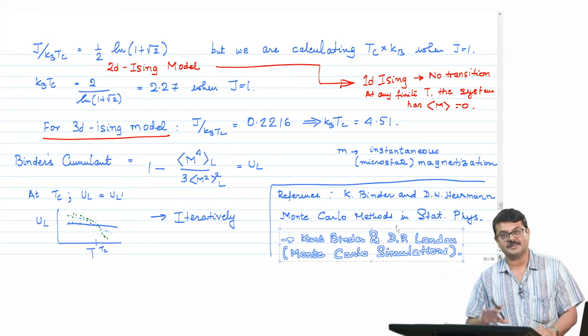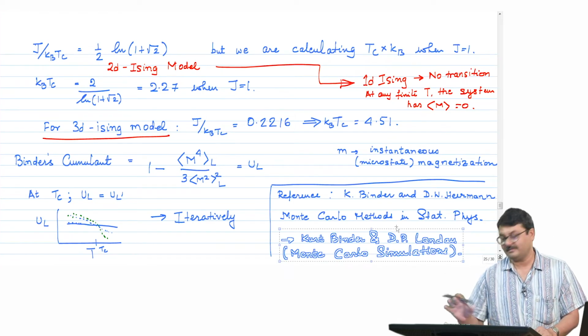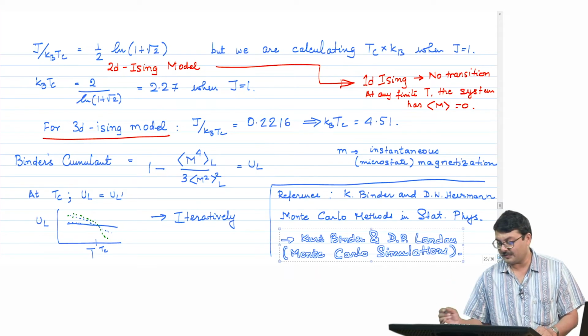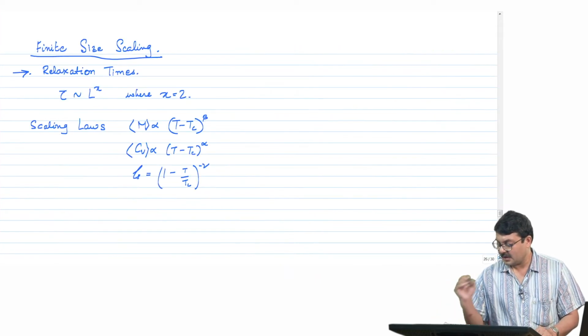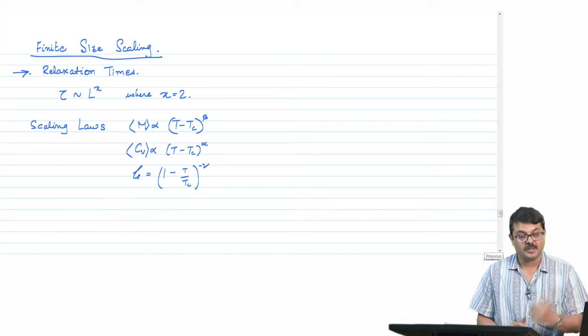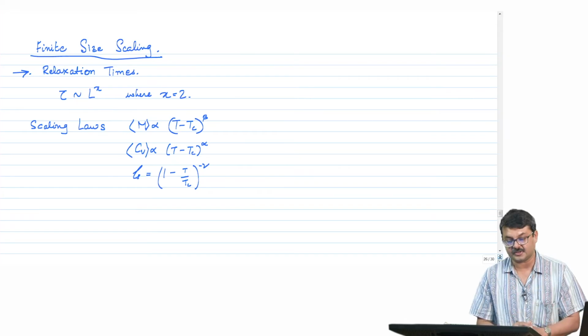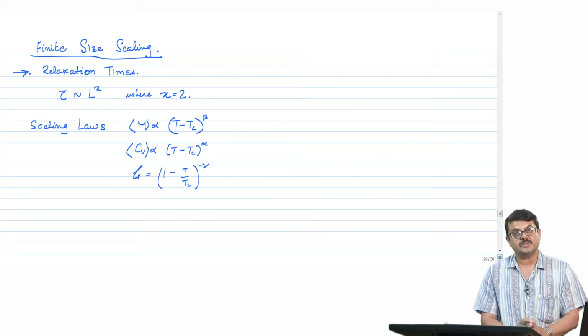So, our aim is not to have a great or detailed understanding of Monte Carlo simulations or the physics of phase transitions. This is just an exposure, just to let you know.